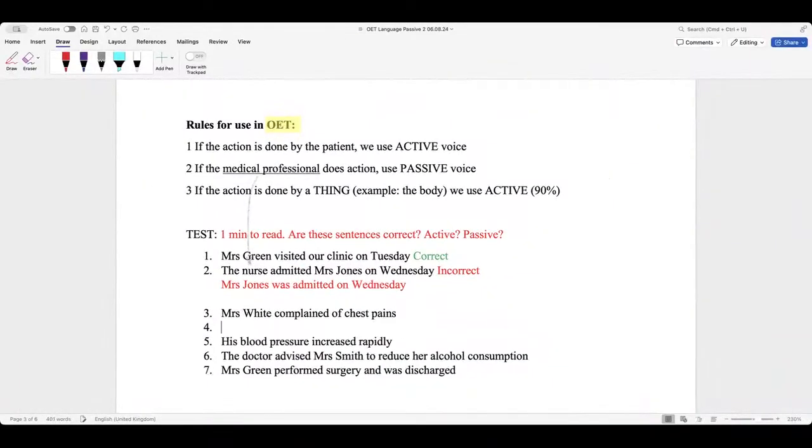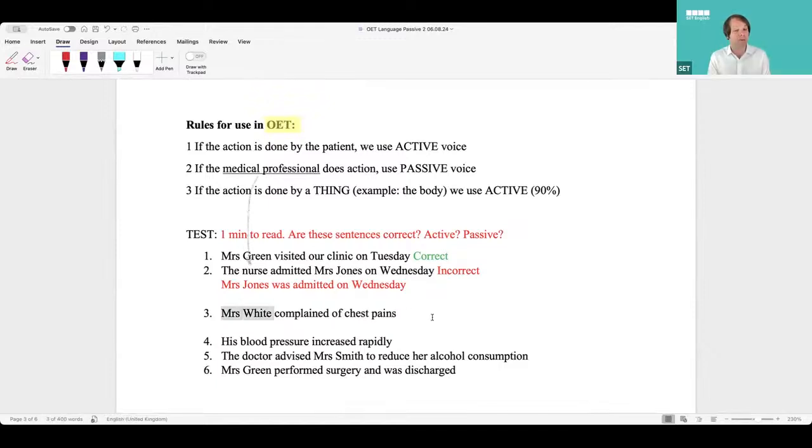Mrs. White complained of chest pains. Is it correct or incorrect? Well, yes and no. Is it active or passive? Active. There's no was here, so it's active. And is this the patient? Yes. So it is correct, but should we say complained in OET?